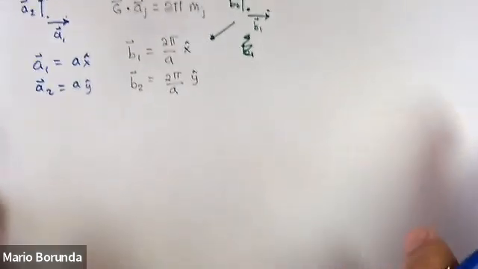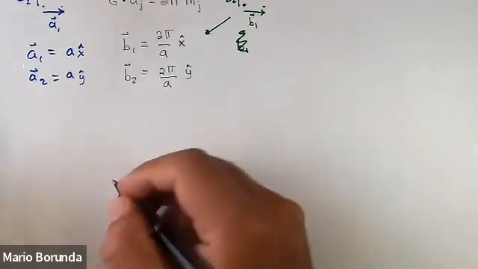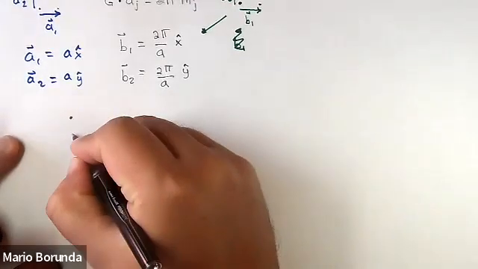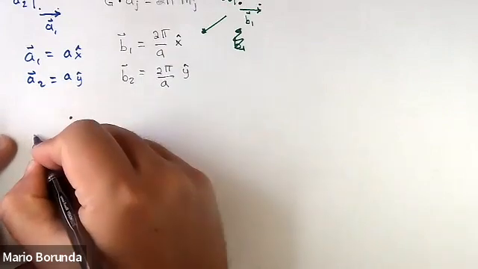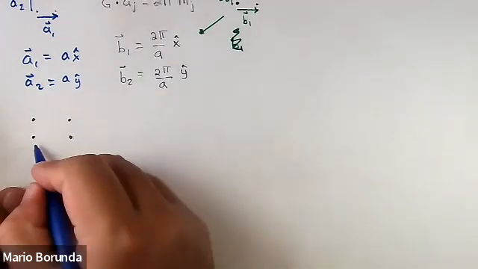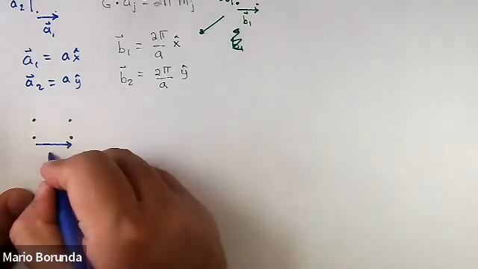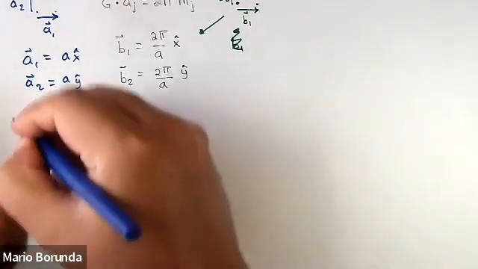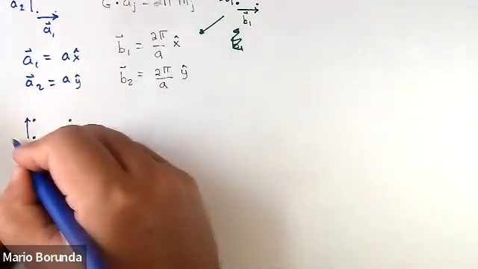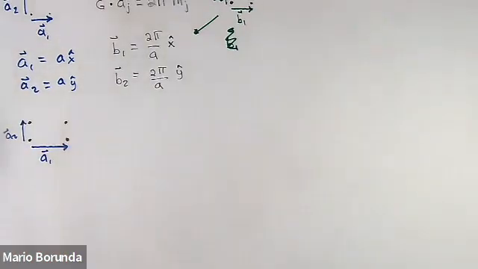Then in class last time, I did another one. And let's say that now our vectors were going to be, one is here, here, here, here. So if we do that, this is A1. And this is A2, the 2 vectors.